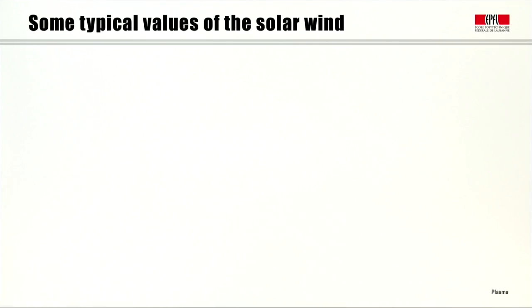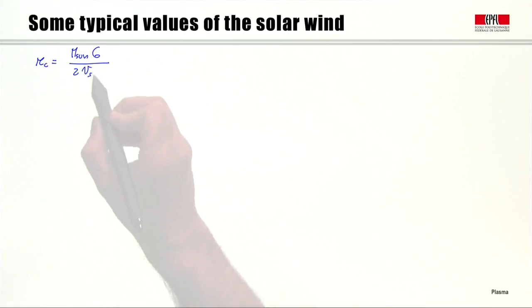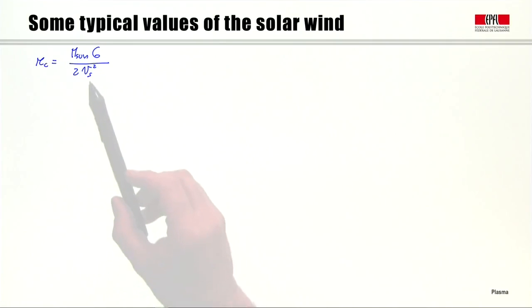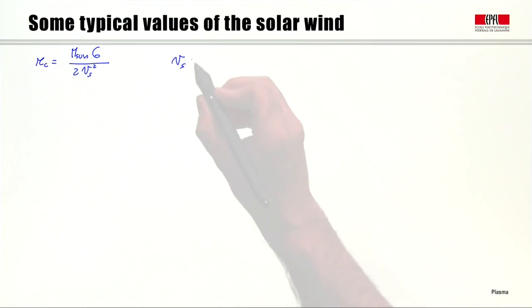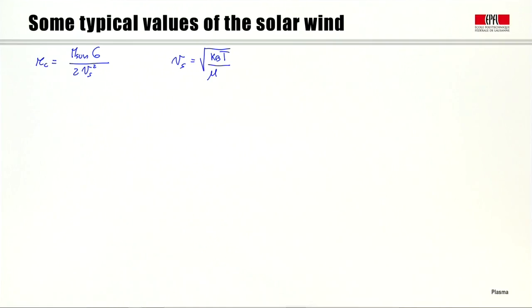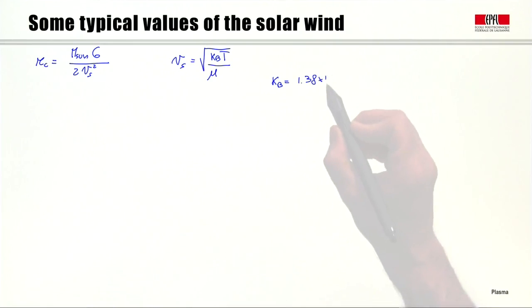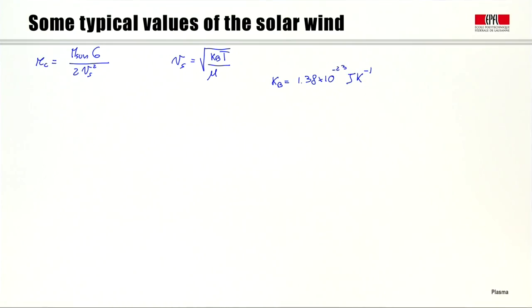Let's now try to estimate some typical values for the solar wind. For example, let us estimate the critical radius. In order to do that, we need to know the sound speed, Vs, which is defined as, where Kb is the Boltzmann constant, which has this value in joules per Kelvin.